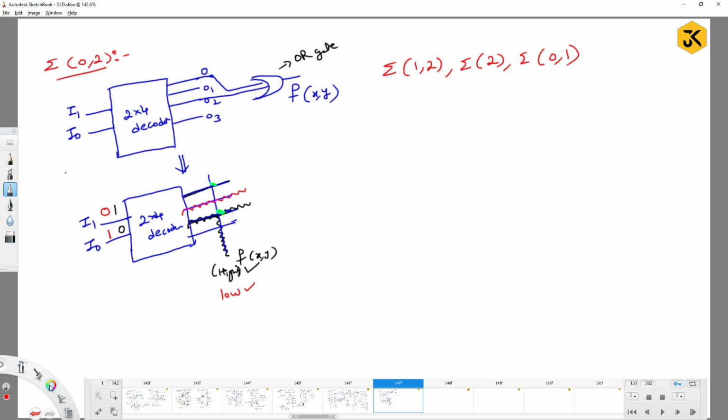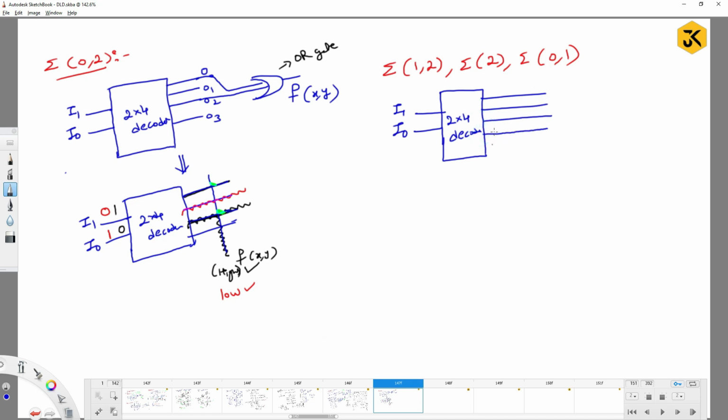So can I implement this with the help of a single 2 by 4 decoder? Yes or no? So basically what you will do, you can take a simple 2 by 4 decoder and it is going to have two lines as input. One is I1, another one is I0, and it is going to produce 4 lines as output, right?